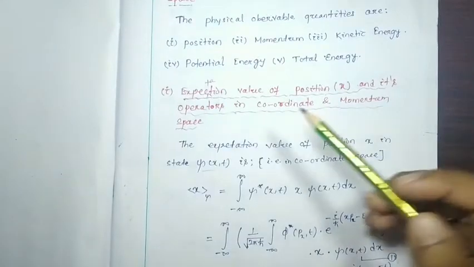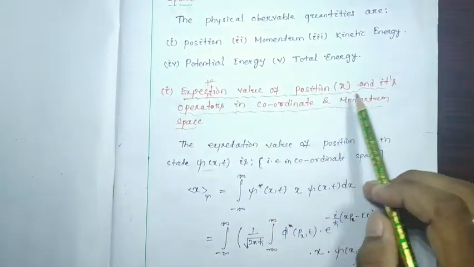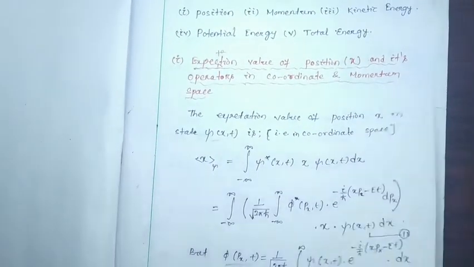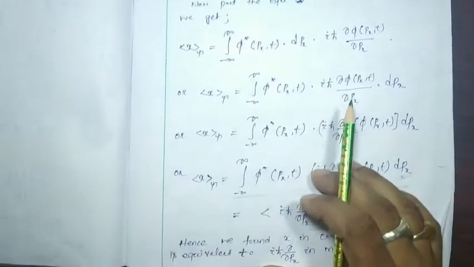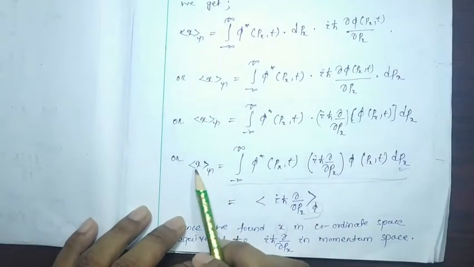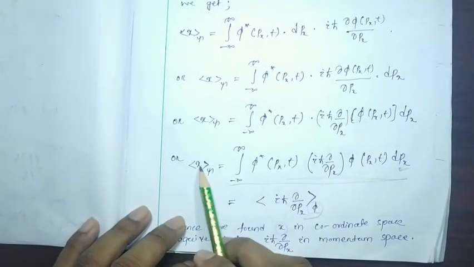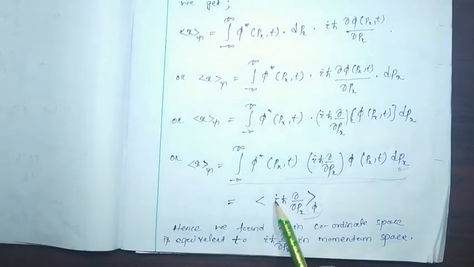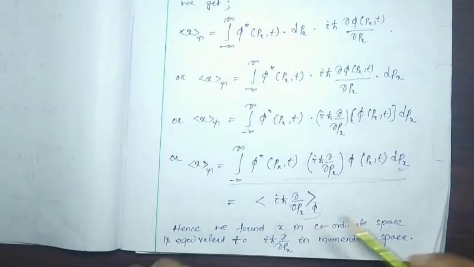So we found that the expectation value of position and its operators in coordinate and momentum space are as follows. In case of position, the operator in coordinate space is x. However, in momentum space it will be i h cross del by del px.